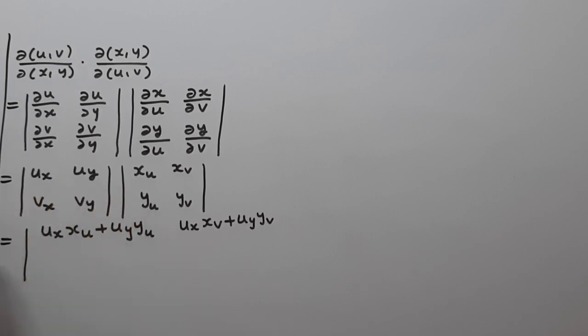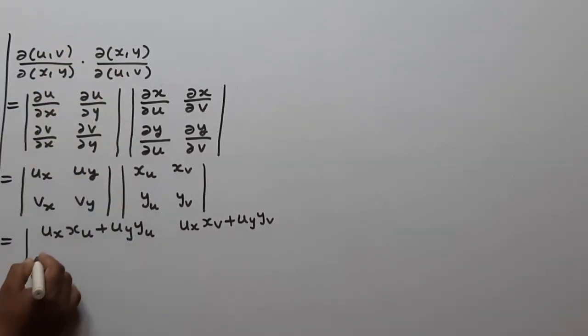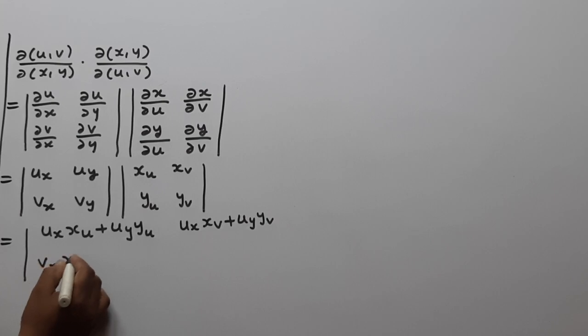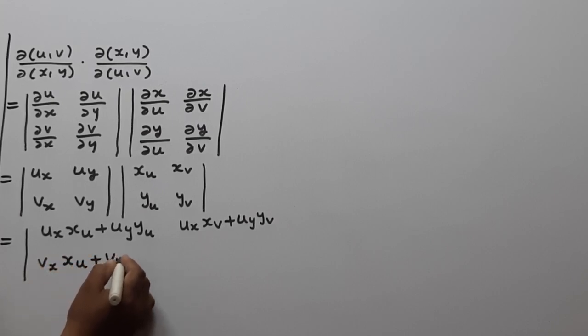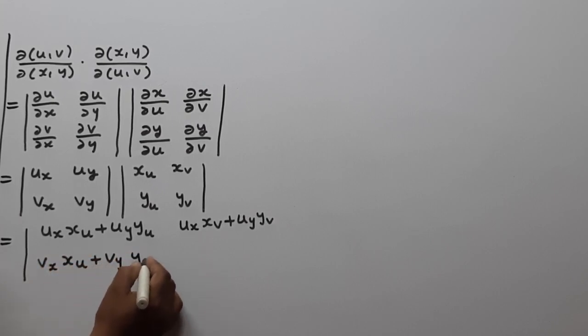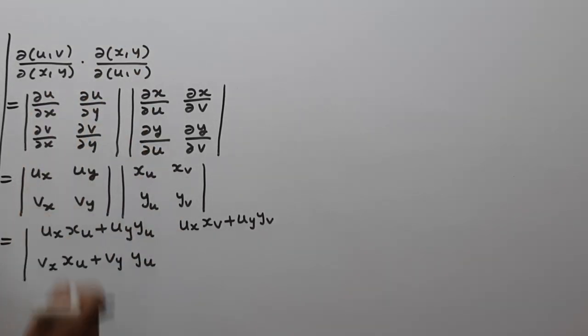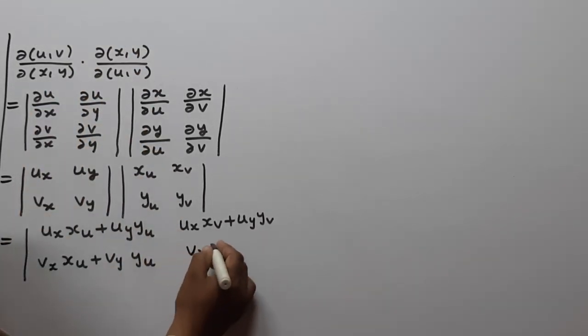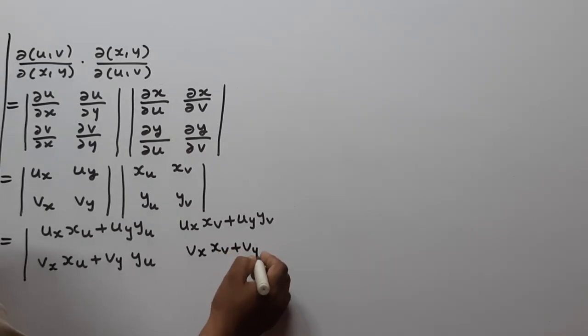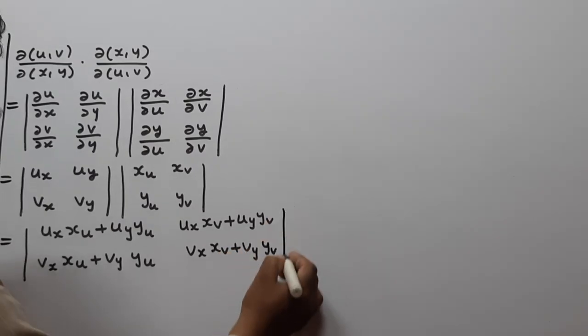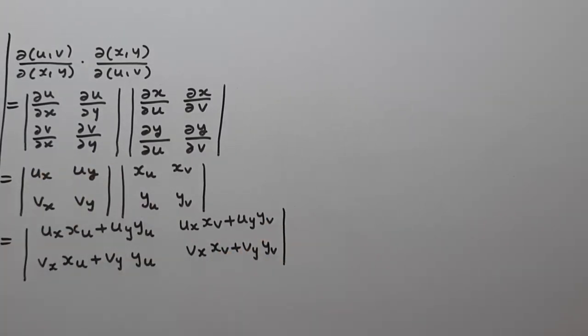Similarly, second row by first column, we get vx xu plus vy yu. Similarly, second row by second column, we get vx xv plus vy yv. So here we multiply these two determinants.